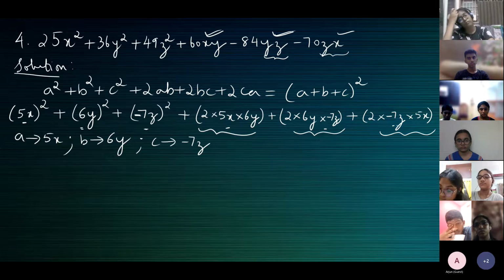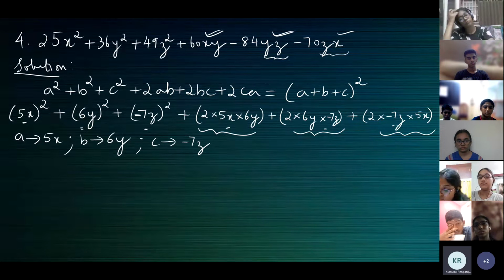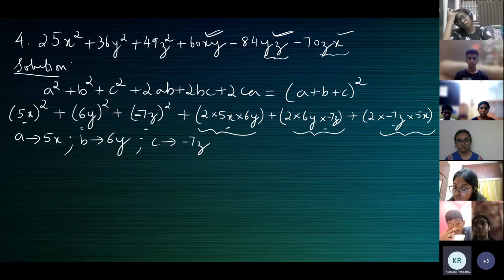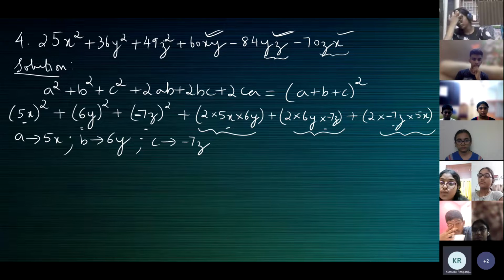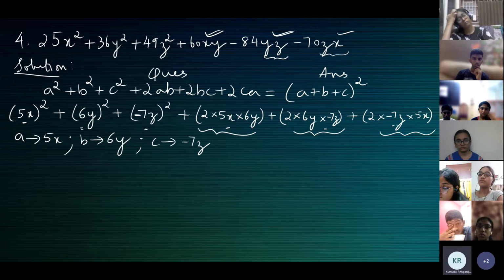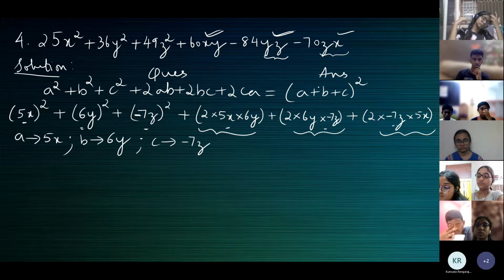We have simply rewritten every term in the given expression in the form a square, b square, c square, 2ab, 2bc, 2ca. So the question looks like this. Then this is the answer. I've told you this. In an identity, one side of the identity is the question. The other side is the answer. Whenever you use an identity to factorize, am I audible, children?